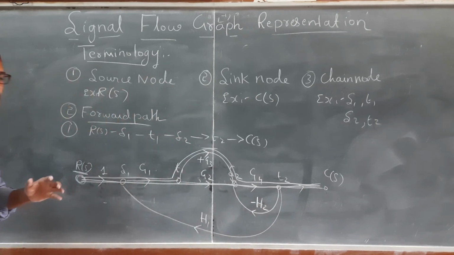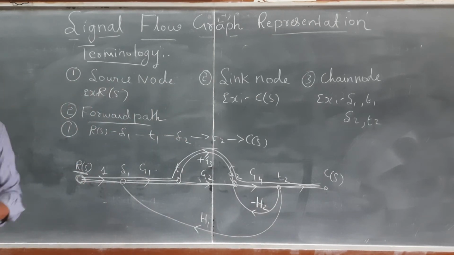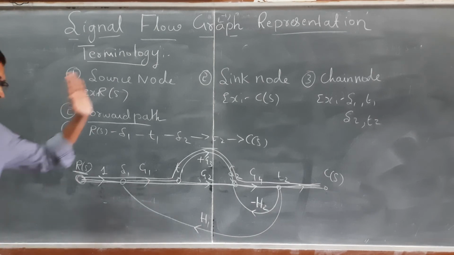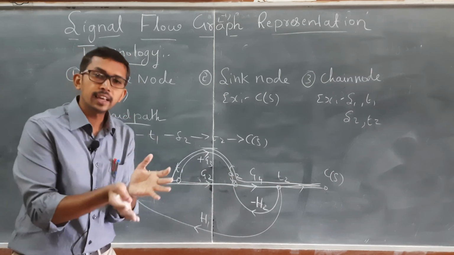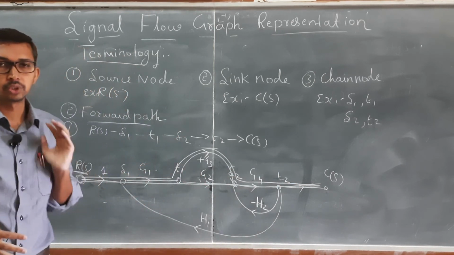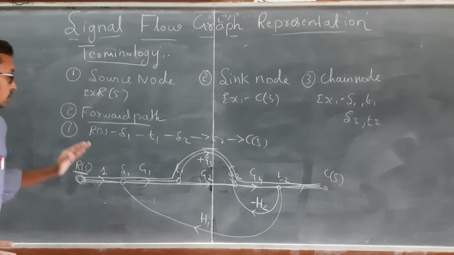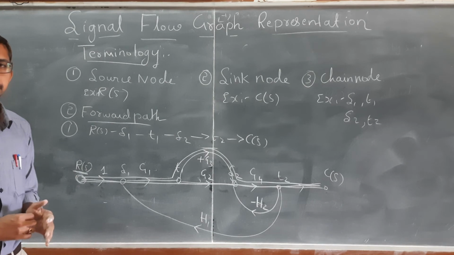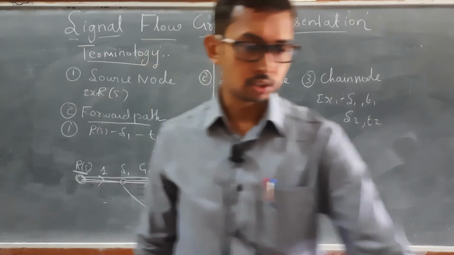So there are two forward paths in this example. That means it is a path from the source node to the sink node, travelling without going in the opposite direction to the signal arrow mark. So this we are going to call forward path.